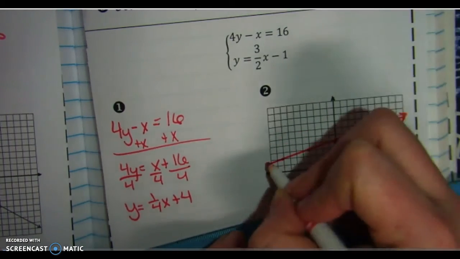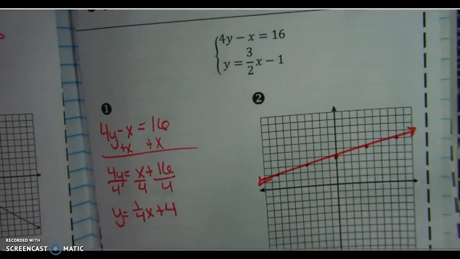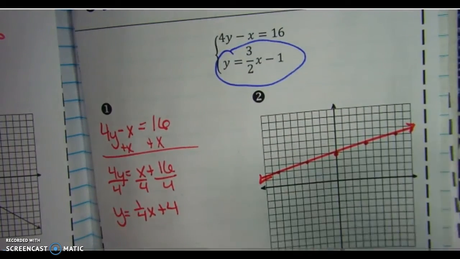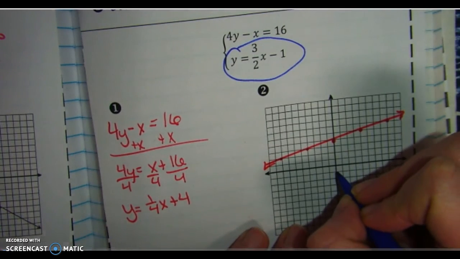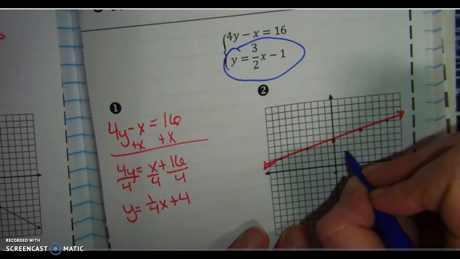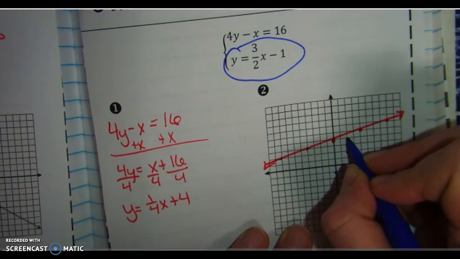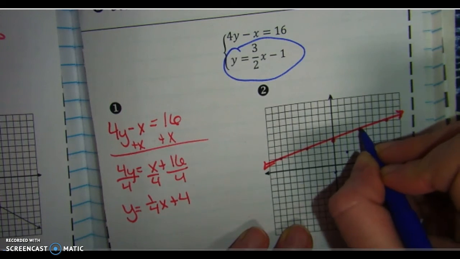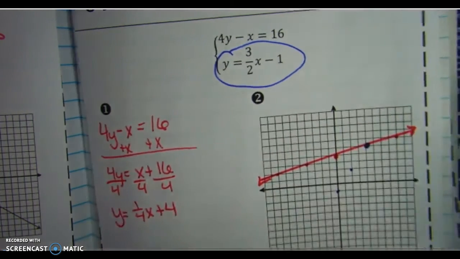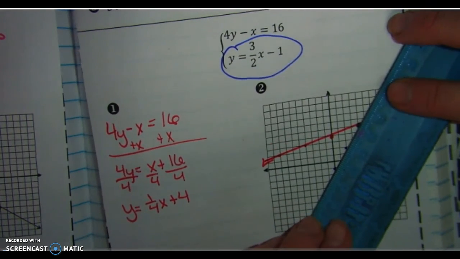So that's that guy. I'm going to do it in 2 different colors, so I'm going to graph this other one in blue. I'm going to go to -1, and then graph 3 over 2: 1, 2, 3 over 2, 1, 2, 3 over 2. I like to count my graph until I intersect, so I don't have to worry about whether I drew my line straight enough.